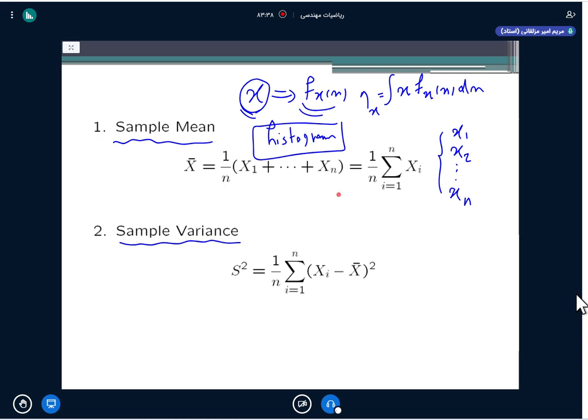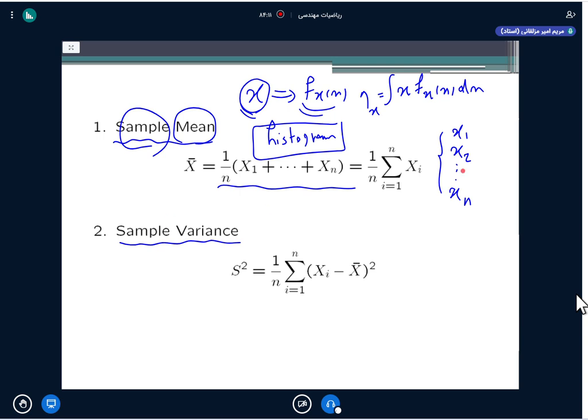We call this formula the sample mean because it's a mean computed from the samples x1, x2, and xn. We sum these values and divide by their number. This is the sample mean.